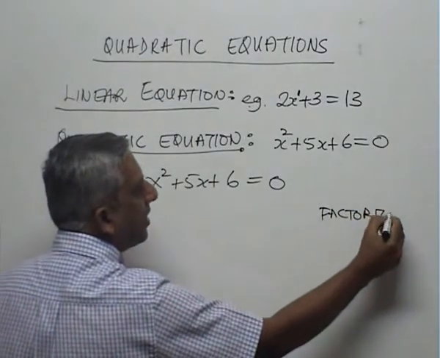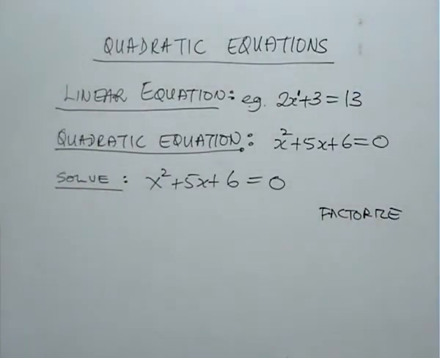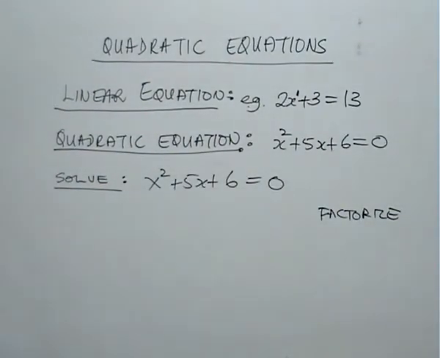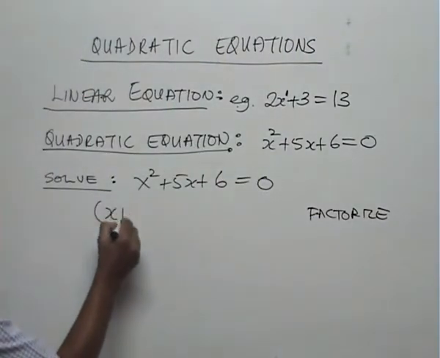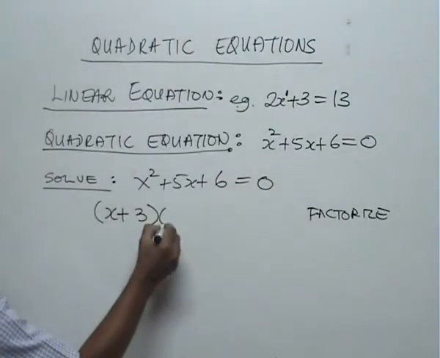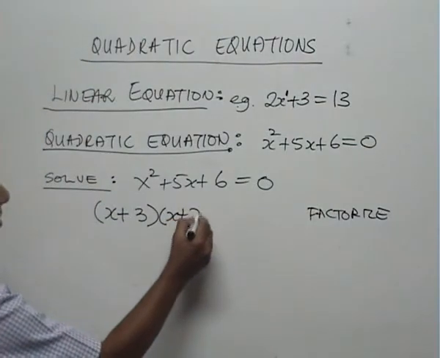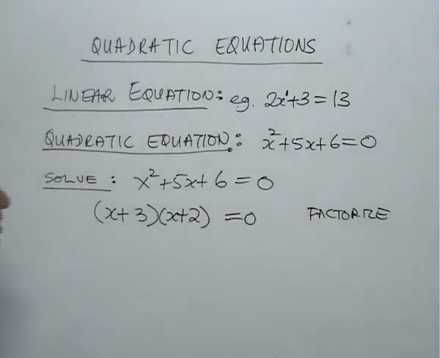Now if you don't know your factorization, you have to go back, watch the DVD on factorization, do the exercises on factorization and come back. Now if I factorize this, then it is x plus 3 into x plus 2 is equal to 0. So that's your first step. Factorize the quadratic, which we did.